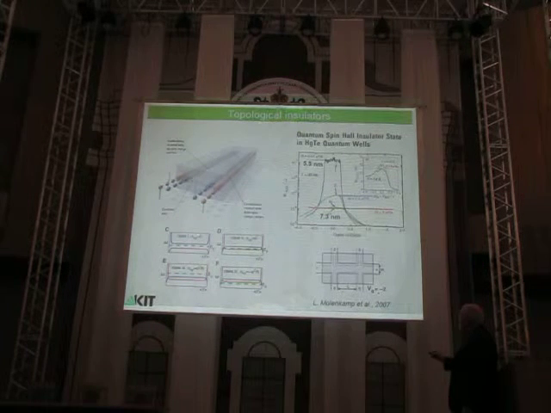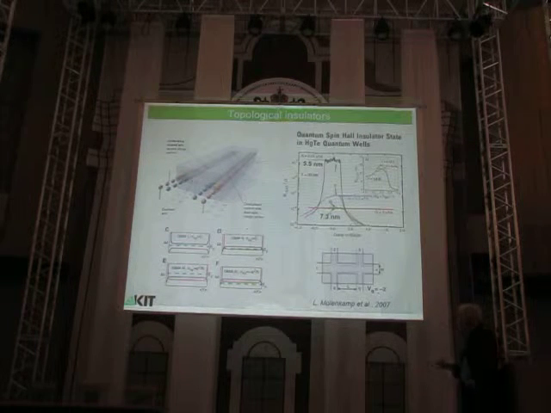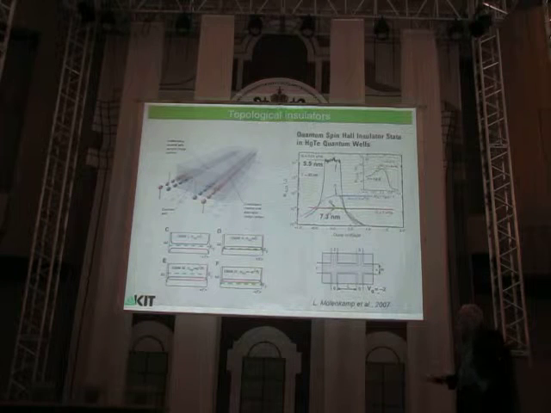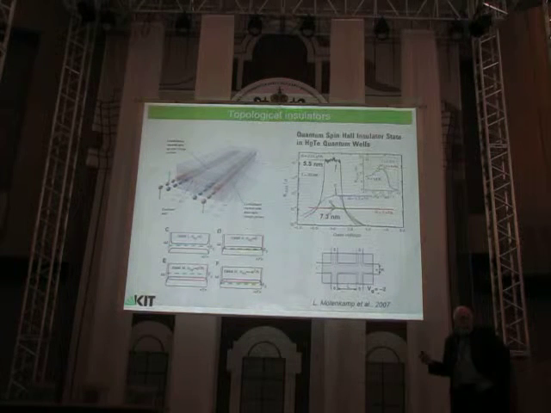And here's a little picture that shows you what to expect in the transport. If you have no inverted bands, you have this situation. If the Fermi energy is in the middle here, you get, of course, an insulator. You get no current.